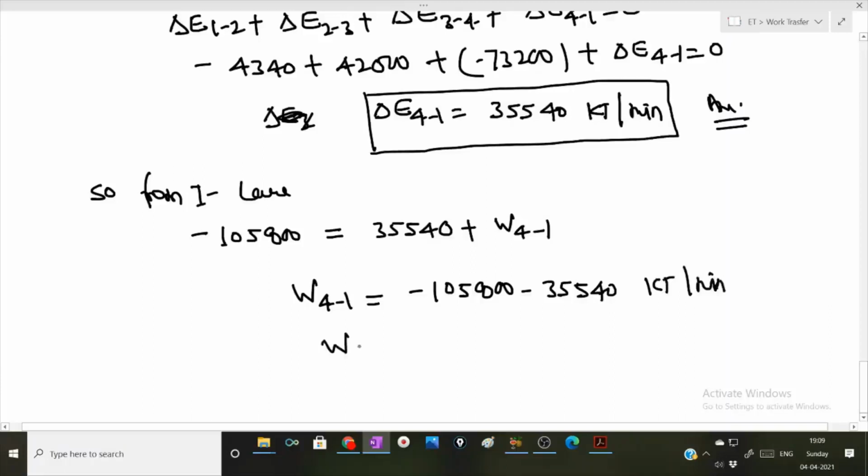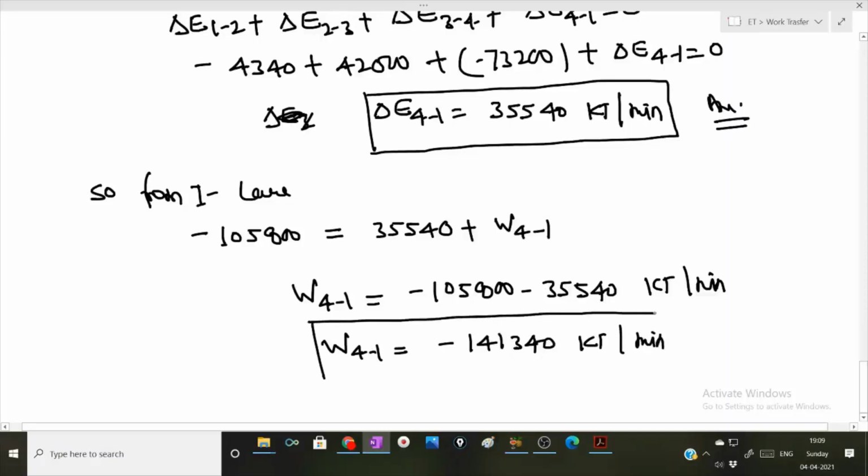So W41 is equal to minus 141,340 kilojoule per minute. So this is the required answer for process 4 to 1.